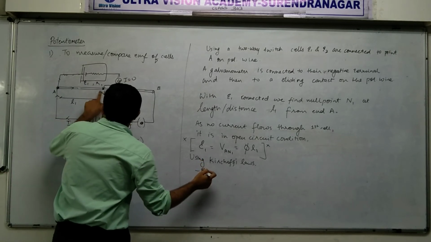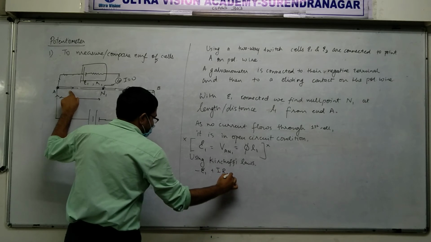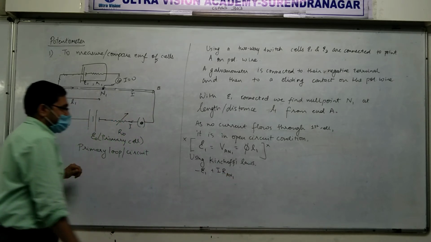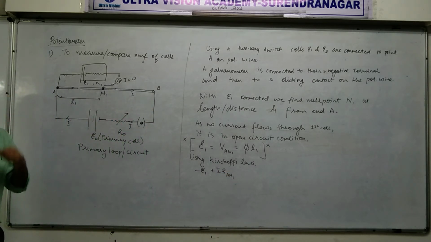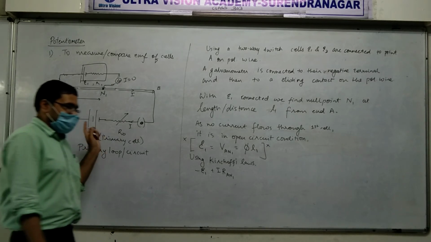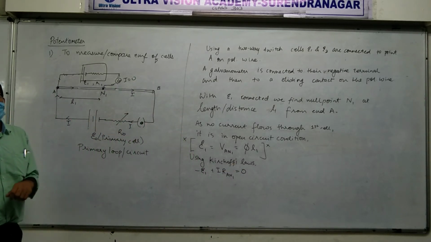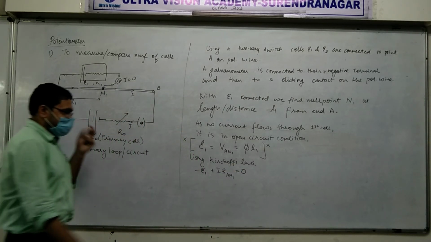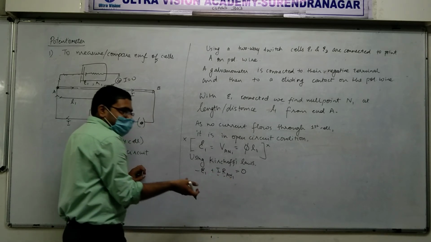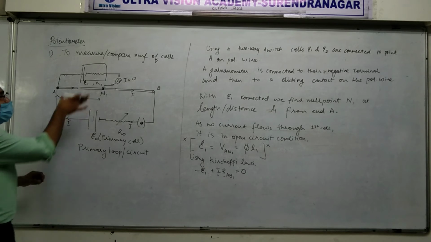Now from N1 to this point, we should write plus I into r A N1. I into r A N1 is Vn1.